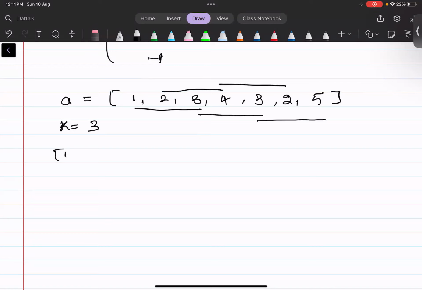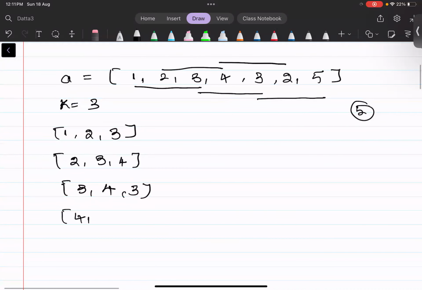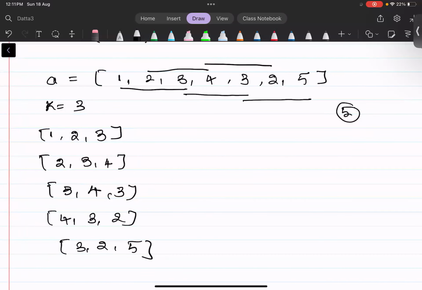And so there are 5 subarrays of size 3. 1, 2, 3 is a subarray. 2, 3, 4 is a subarray. Then 3, 4, 3 is another subarray. Then 4, 3, 2 is another subarray. 3, 2, 5 is another subarray. So in total there are 5 subarrays. If the size of the array is n, then there will be n minus k plus 1 subarrays.